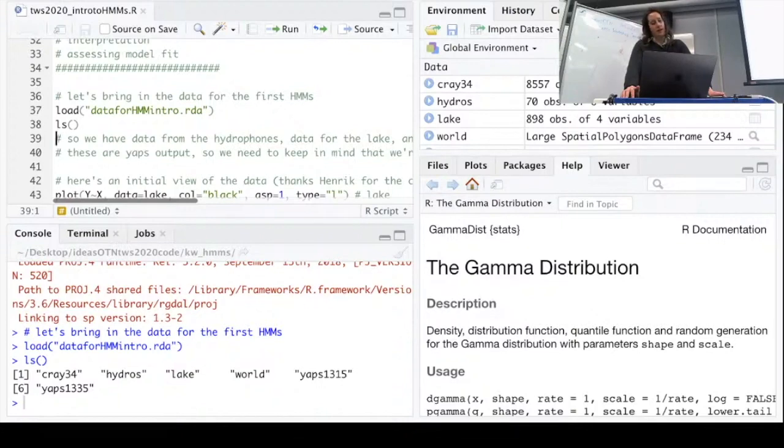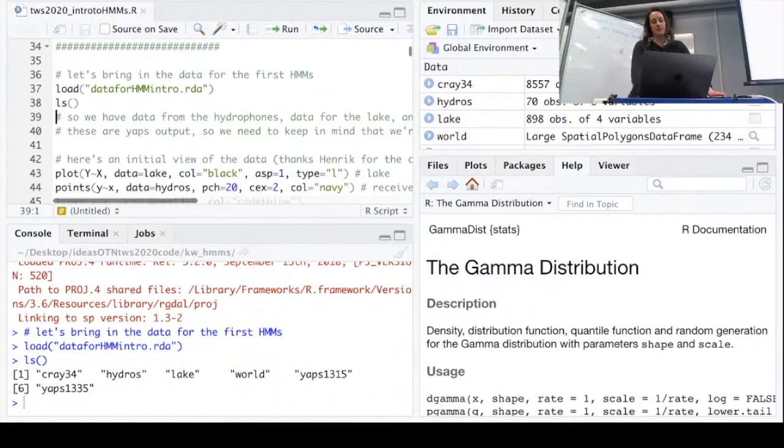We have a lake outline, which is the lake that the pike were in. And we have two outputs from YAPS: YAPS 1315 and YAPS 1335. Those numbers just show you the ID of the pike. World is a shape file from Natural Earth that I've incorporated, just to plot some of the data later on.